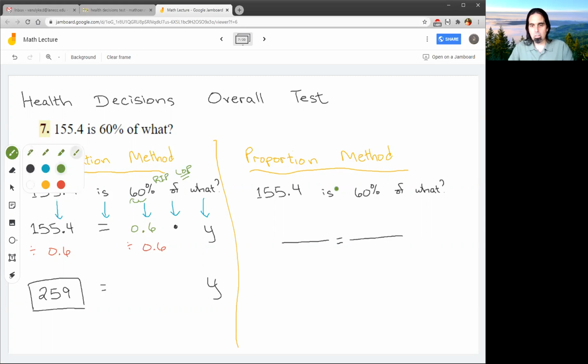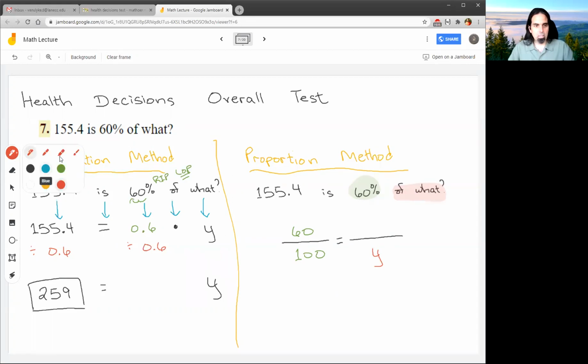We look for the percent and we write it as something over 100. We look for whatever comes after the word of, and that goes on the bottom on the other side. So of what? My unknown is the thing that's on the other side. I'll put my letter there.